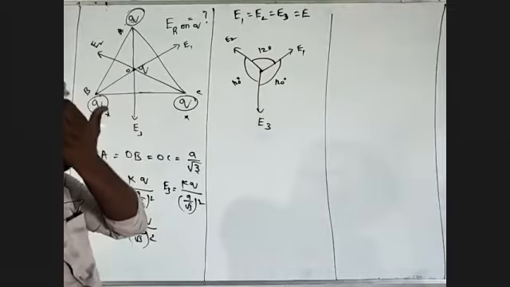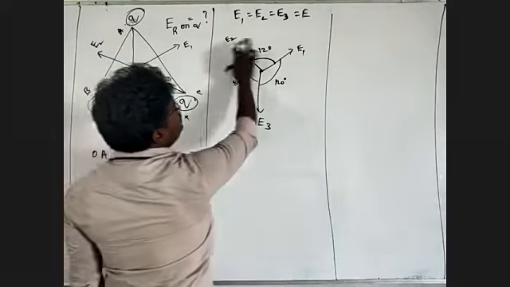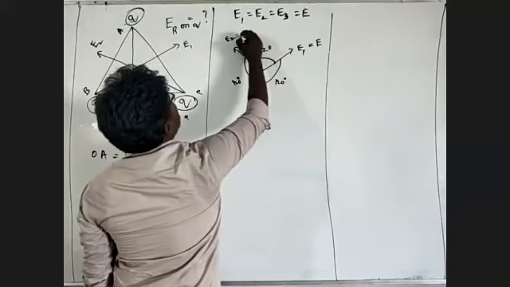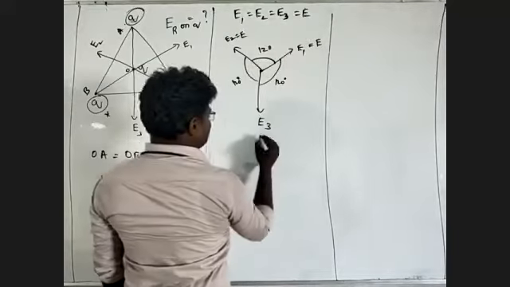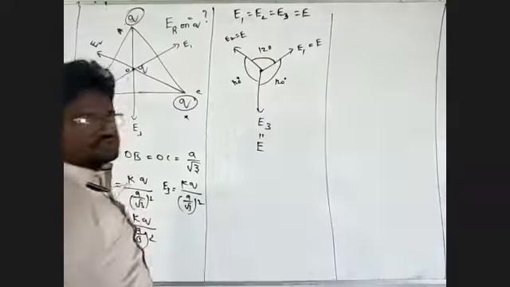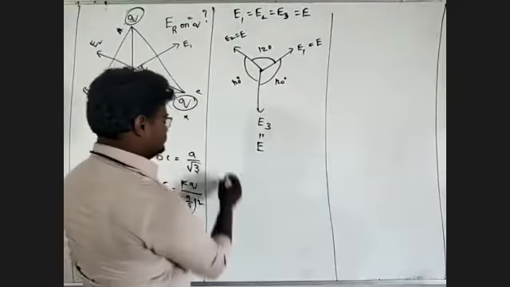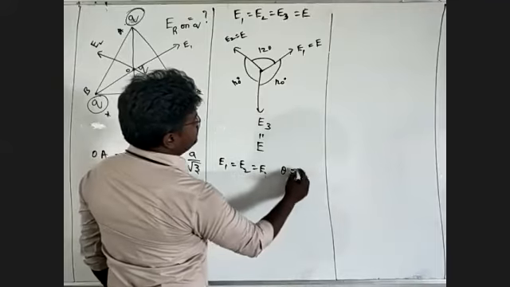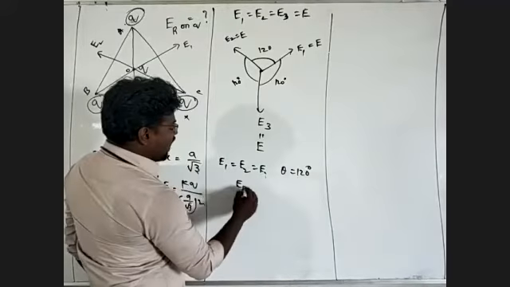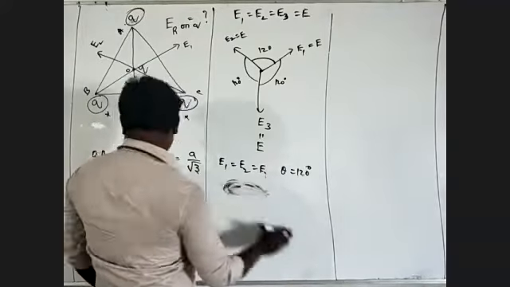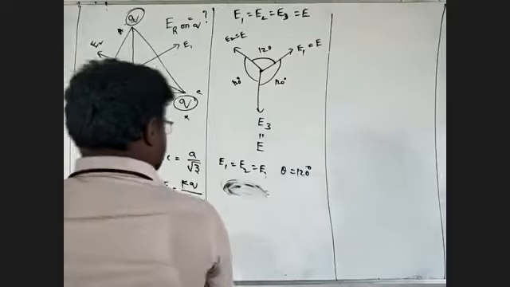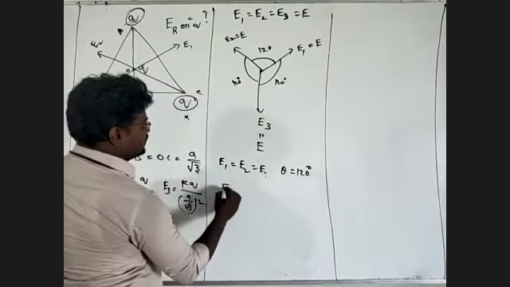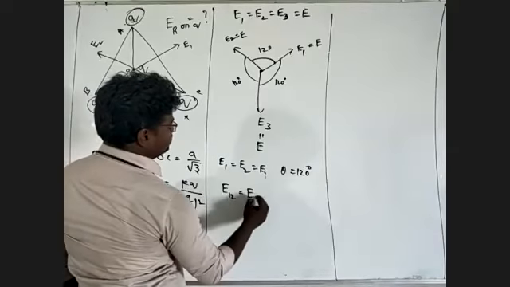E1 is equal to E, E2 is also E, E3 we are taking as E. Now, you know very well, with angle between E1 and E2, where E1 is equal to E2 is equal to E, and theta is equal to 120 degrees, ER, the resultant intensity of electric field, is equal to E12.